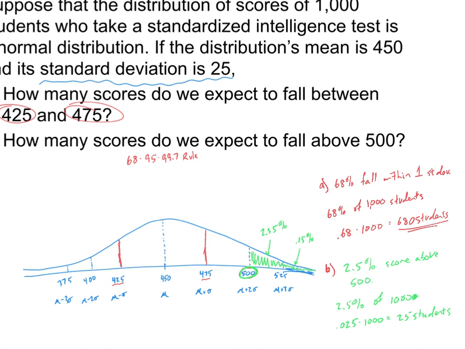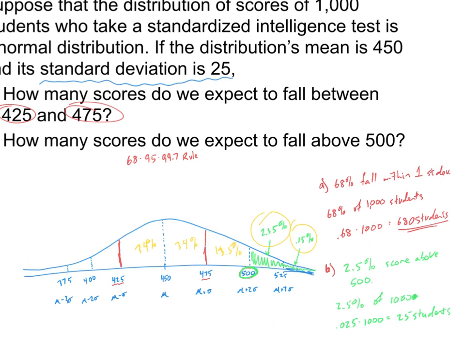Oh, actually, before I finish this here, let's say I didn't remember what those were, okay? Maybe I knew that this is 34% and this is 34%, as I had on the last slide. And maybe you also remember that this is 13.5%.